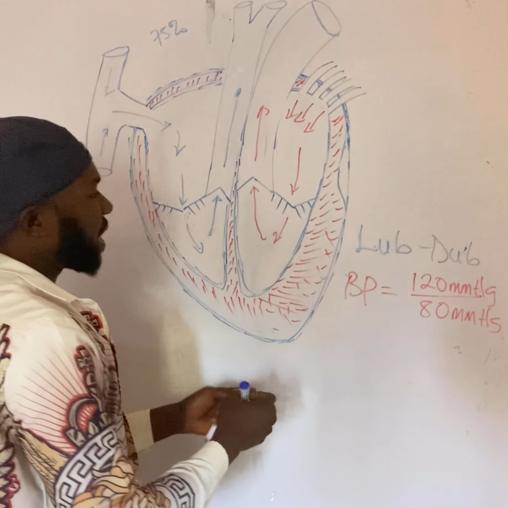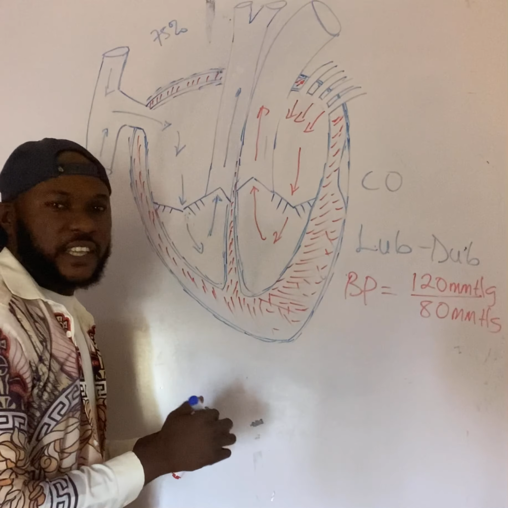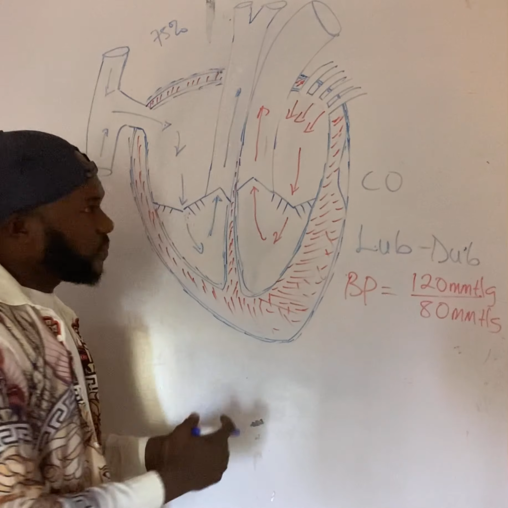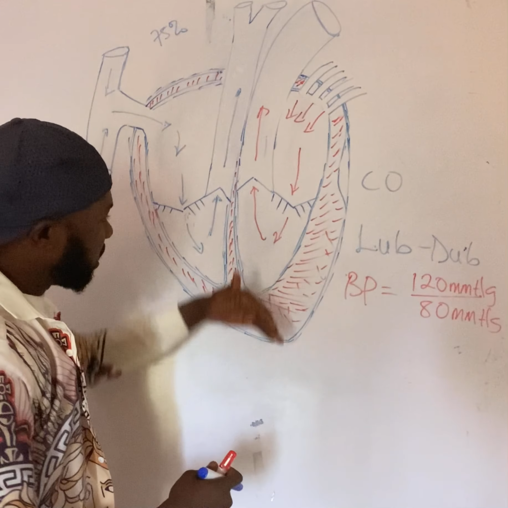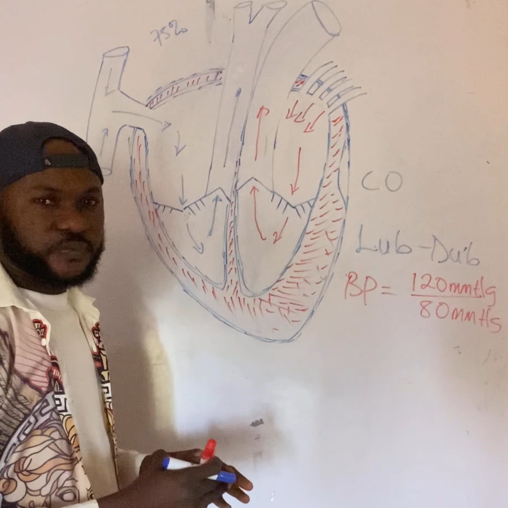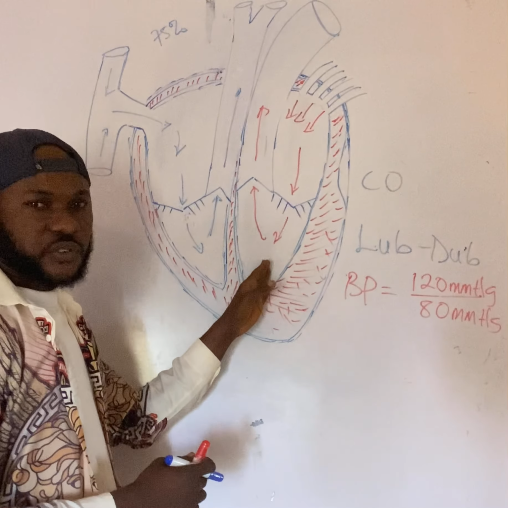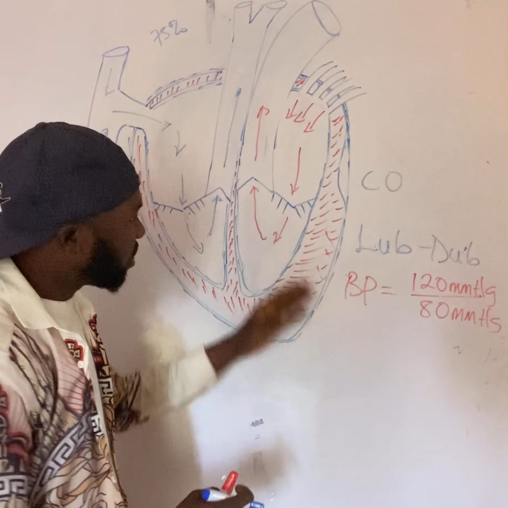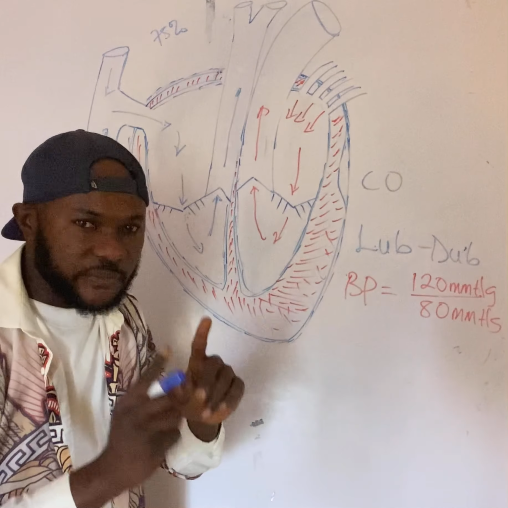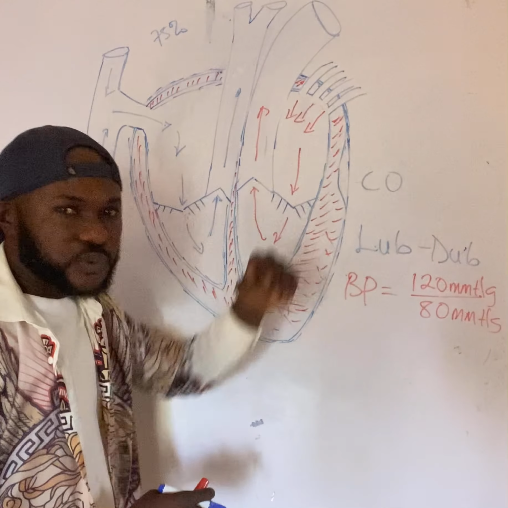Okay, we can talk about cardiac output. Cardiac output simply means the amount of blood that goes out through the left ventricle. The volume of blood that goes out through the left ventricle in a minute is called cardiac output.